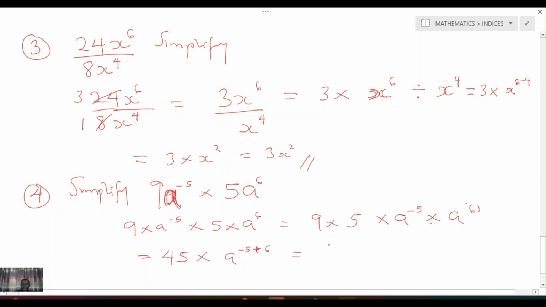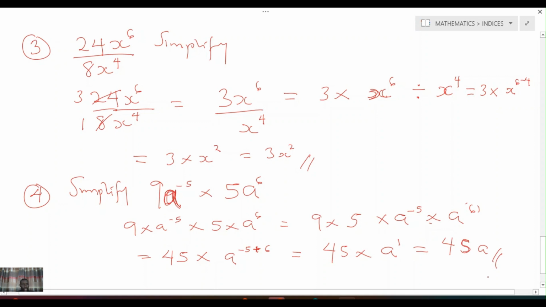Which is equal to 45 times a raised to power minus 5 plus 6. Minus 5 with 6 in pocket, that will be 1. So this is equal to 45a. This is the answer.